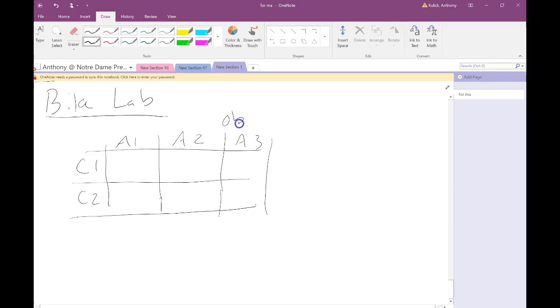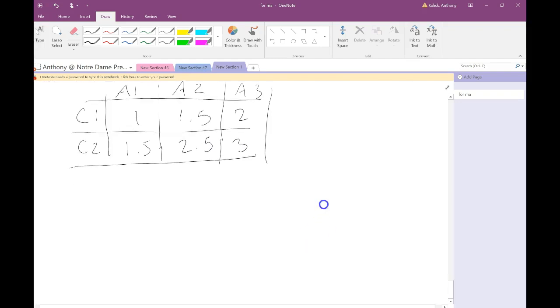And maybe this is my table of observed wheel revs per 1 pedal rev. And I'm just going to make up some numbers. So you might have something like this that I give you.